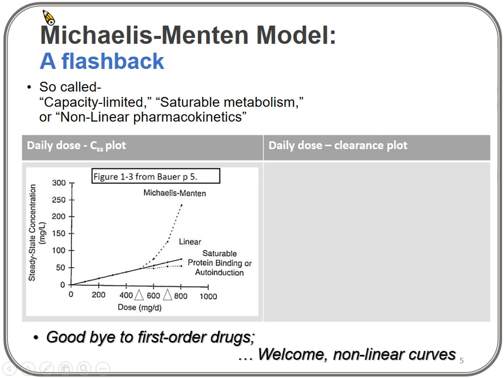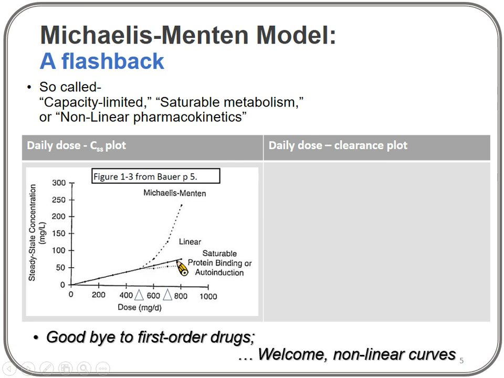That is, if we look at the left-hand chart here, the plot of daily doses versus steady-state concentrations, you can see that normally any medication follows first-order behavior. That is, the higher the daily dose, the higher the concentration proportionally grows.